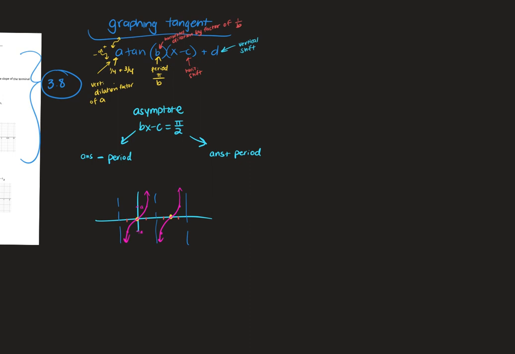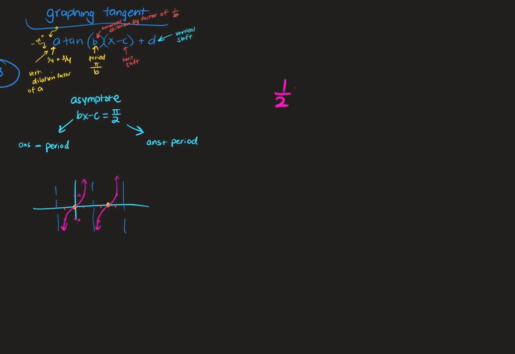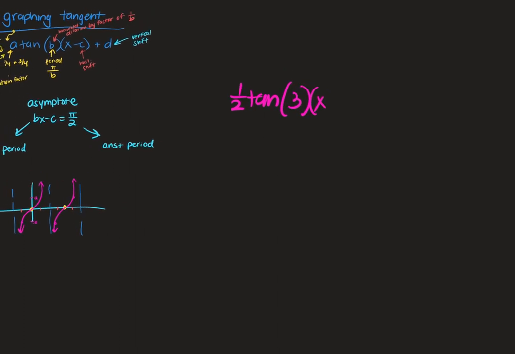All right, pick fraction or whole number. Fraction. Give me a fraction between 0 and 1. 1/2. So 1/2 tan. Give me a number between 0 and 5. 3. Give me a number between -5 and +5. 0.